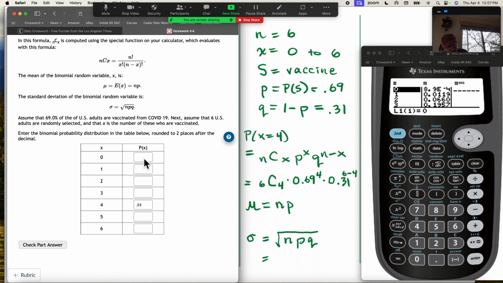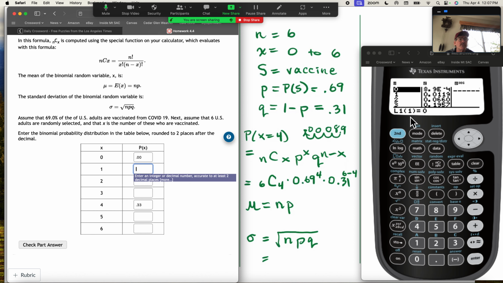If you have an 8.9, the E negative 4 is telling you to move the decimal 4 places to the left. So that's what that does. And then you fill in with zeros, like that. So it's 0.00089, and of course that rounds to 0. So I'm just going to put a 0.00 there.